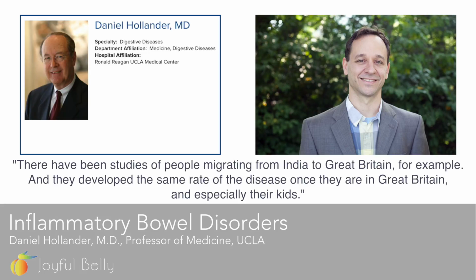So yes, obviously, when people do migrate, there's no question that the diet changes, the environment changes, and all kinds of other factors change. And it's really very difficult to pinpoint specifics in the environment or in the diet. But definitely migration from a low area of incidence to a high incidence area does change the rate of the disease.